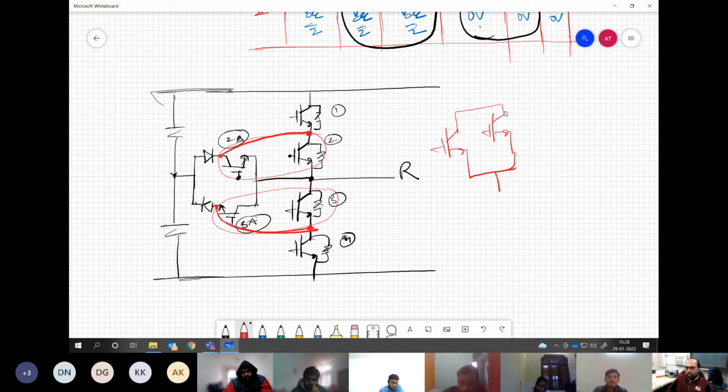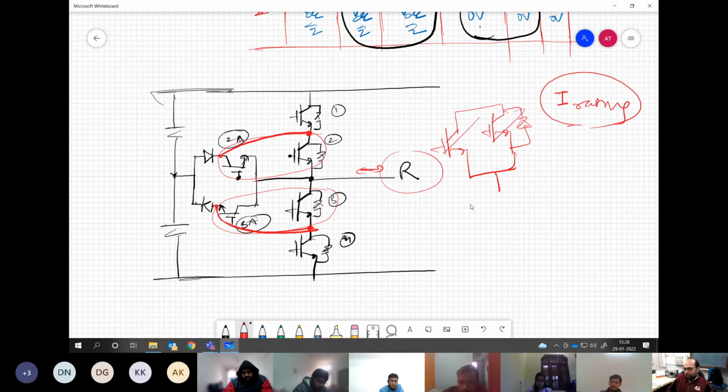Yes, sir. Now we have said that the current flowing through this circuit is always bidirectional and the same current is flowing through all the devices, which means the current rating of each device is the same and equal to the rating of the load. So we don't need two devices. One device itself is sufficient. So this device can get absorbed in this.